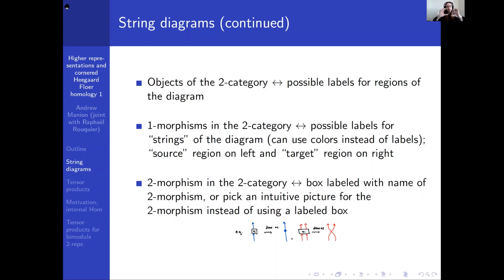Then if I have this box that's mapping from two red strands on the bottom to two red strands on the top, maybe I want to give that a more crossing style picture. If you're not familiar with the examples in which one uses these pictures, that's all right. But in general, we'll see some instances where we represent two morphisms with pictures like this, especially crossings, in this talk.